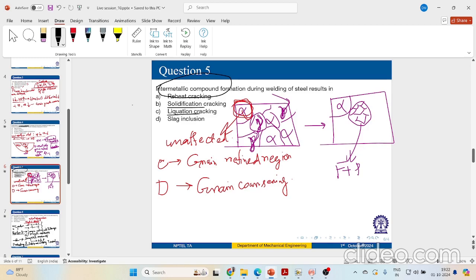Fine carbide precipitates into the interior of the grains rather than in the grain boundaries. So they strengthen the interior of the grains, and because of that fracture may initiate along the grain boundaries. So reheat cracking is the correct answer. Intermetallic compound formation during welding of steel will result in reheat cracking.